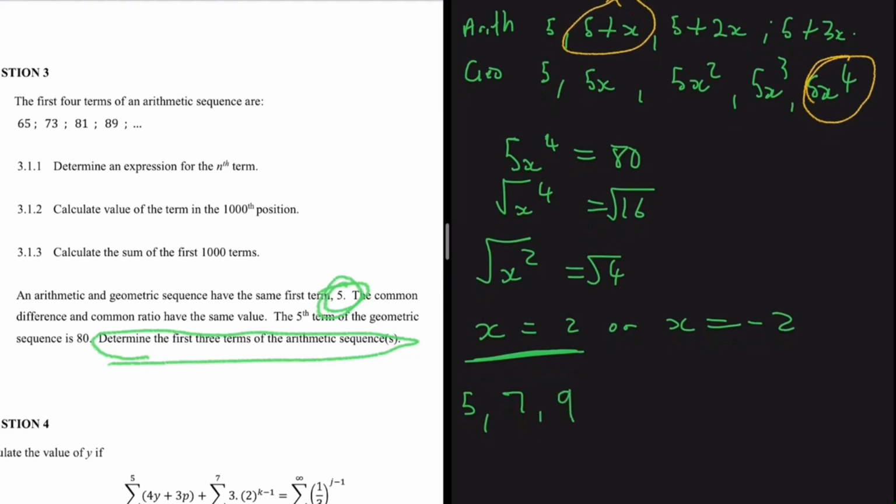So we can have 5, 7, 9 if x is equal to 2. But then if x is equal to minus 2, then the first term will be 5, the second term will be 5 minus 2, 3, and then 5 minus 2 multiplied by 2, that is 1.